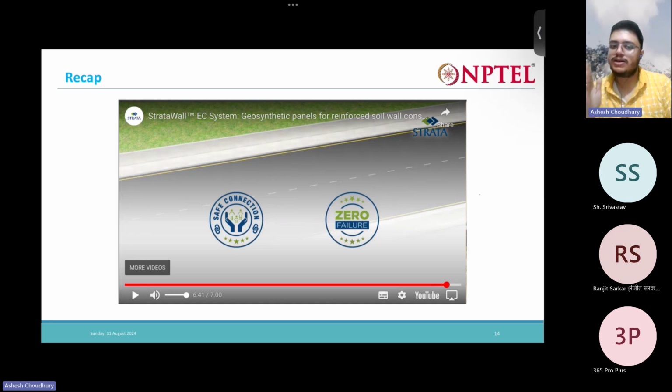Also we need to take care of proper drainage using geocomposite. We need to put geocomposite so that the water is able to drain out to the bottom. Okay, so this is the whole complete process of construction of reinforced soil wall.